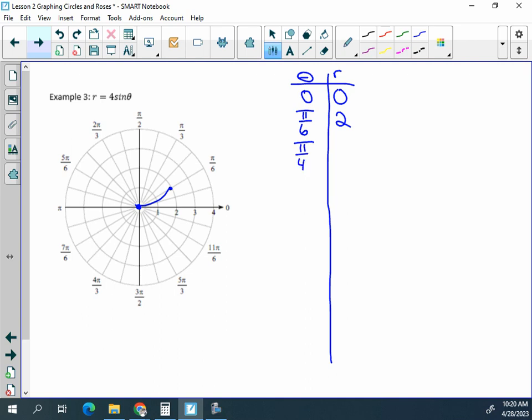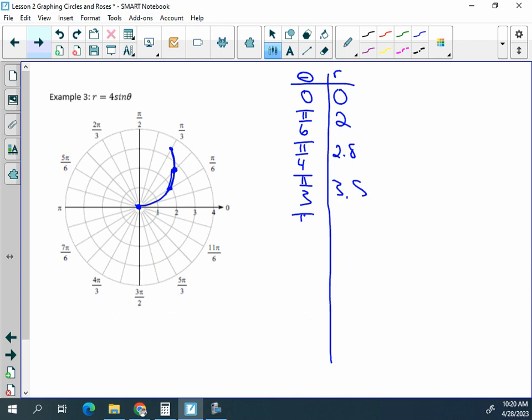We learned from last problem multiplied by 4 is 2 square root of 2, which is about 2.8. And then pi over 3, sine of pi over 3 is square root of 3 over 2 times 4 is 2 square root of 3, which is approximately 3.5. Sorry, this gets a little messy there.